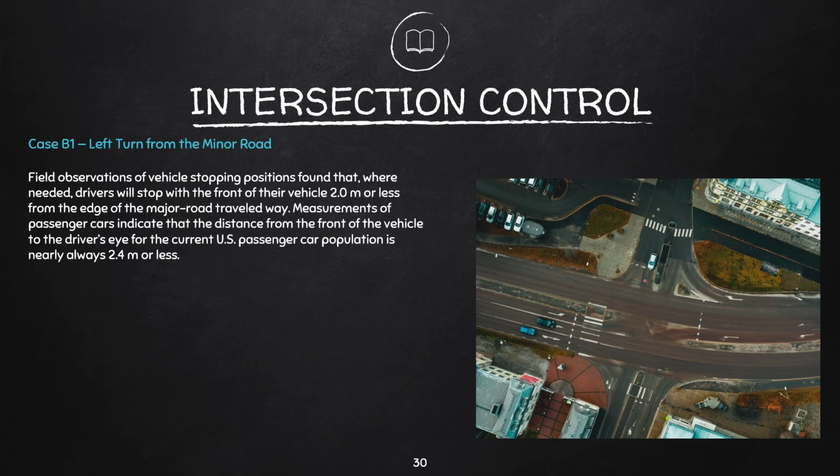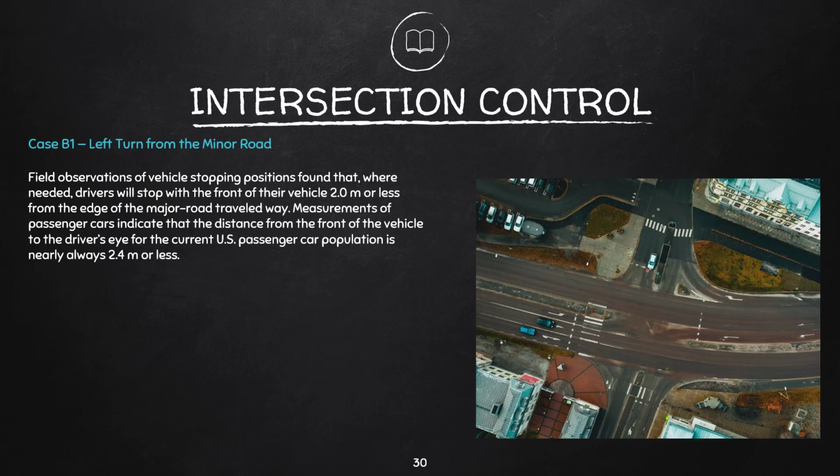So here in this figure, field observations have shown that drivers typically stop from this portion at the edge of the intersection in the major road up to the front or the tip of this car in the front, that is at about 2.0 meters or less, and from that tip up to the driver's eye, that is at about 2.4 meters or less.